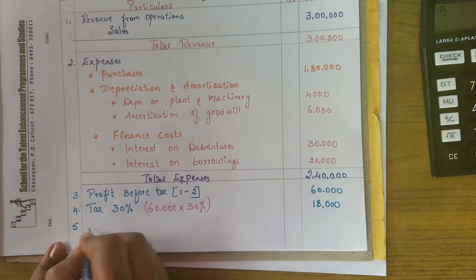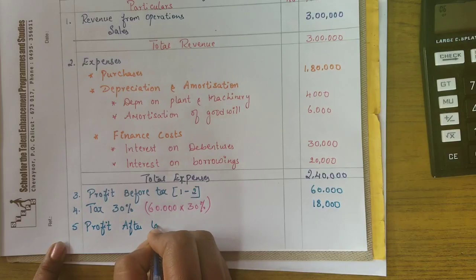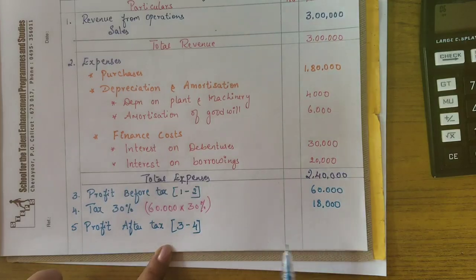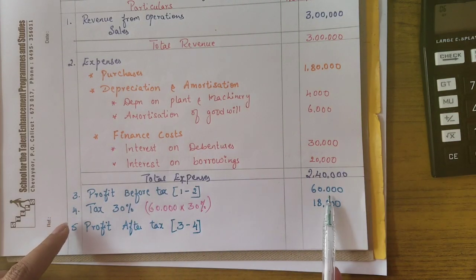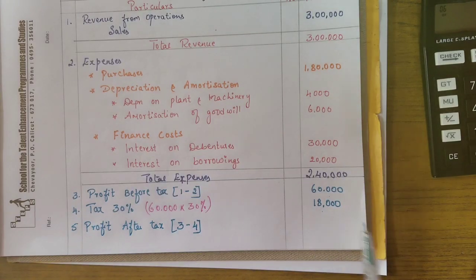Next step, we need to find out profit after tax. That is nothing but 3 minus 4. That means profit before tax 60,000 minus tax amount 18,000.